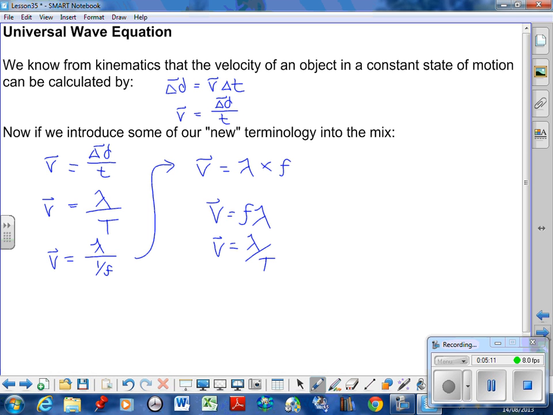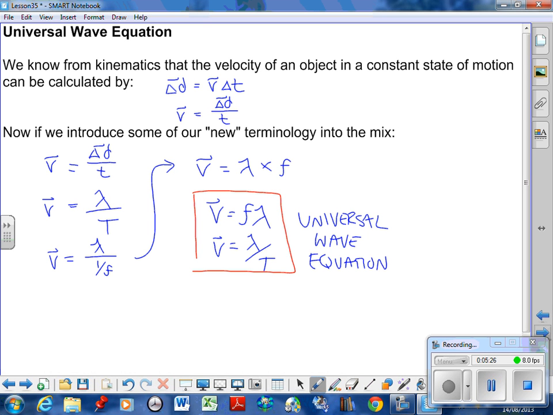So there we are. Those are your two equations, and this is your universal wave equation. Please make sure this makes it onto your study sheet because it is extremely important and will be used extensively throughout this unit. So please make sure you do have that labeled clearly.